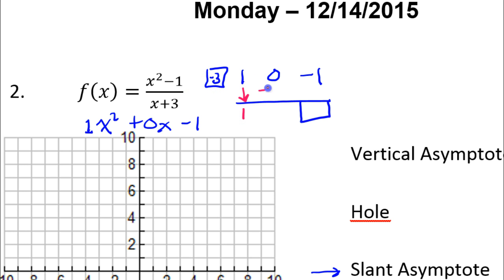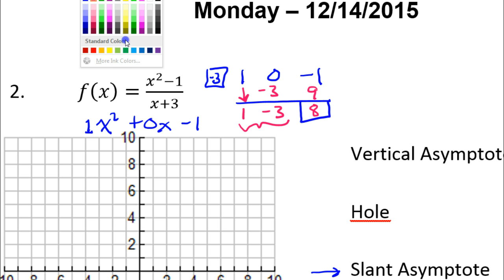1 times negative 3 is negative 3. Add these up, I get negative 3. Negative 3 times negative 3 is positive 9. That leaves a remainder of 8. We need there to be a remainder here if we're going to have a slant asymptote. But the slant asymptote just comes from this part right here.